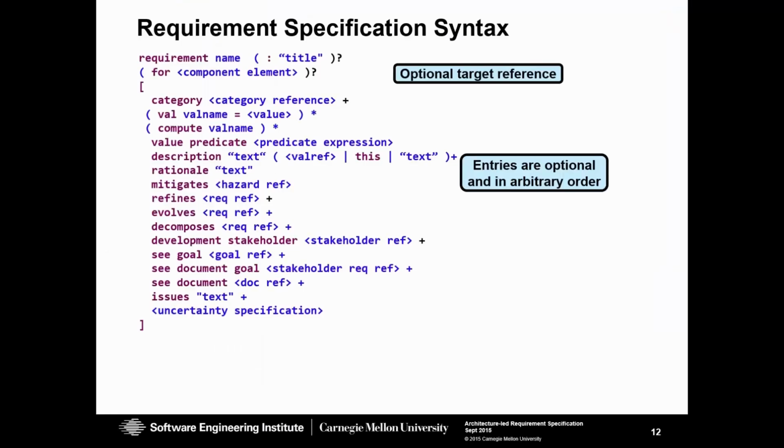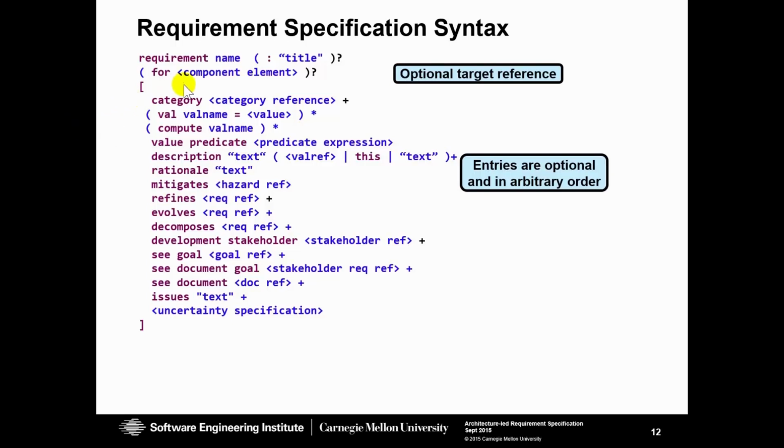A couple of comments about the syntax for the requirement specification notation. We are showing the syntax for an individual requirement that would be placed either inside a document section or inside a system requirements section. If you have a system requirement specification, you would have identified the classifier, as I mentioned earlier.